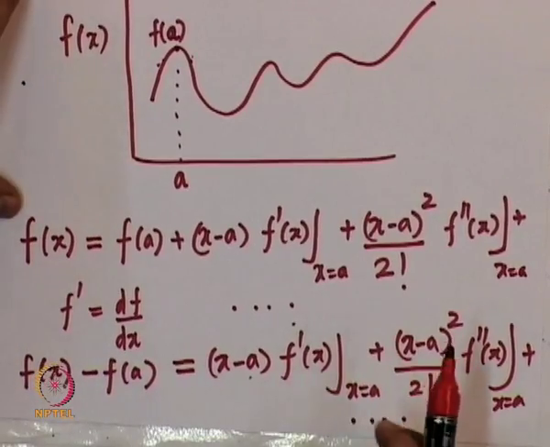So, we know from the geometry, for example, from the curve, how it looks. If you are at a maxima point, any nearby point you go and evaluate the value of the function, if you take the difference of the function at a nearby point minus the maxima point, that has to be negative, that has to be less than 0. So, we have this condition.